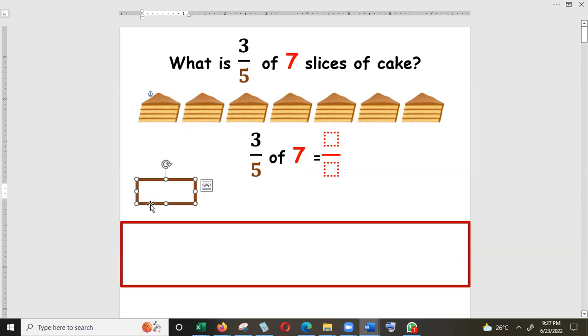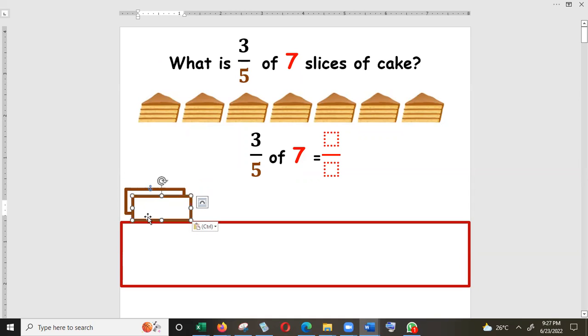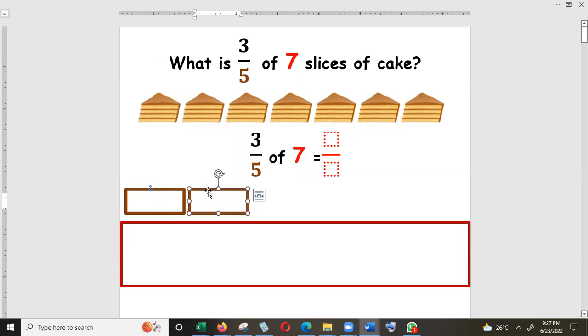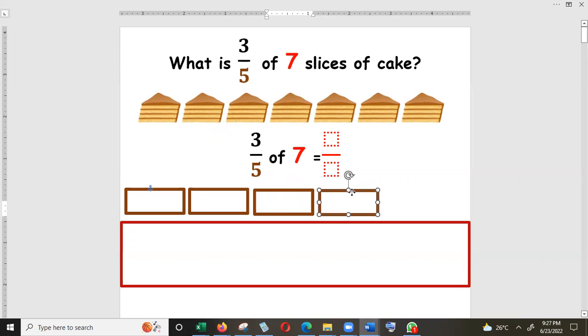So that's 1 equal portion, 2, we have 5 of them, 3, 4, 5.